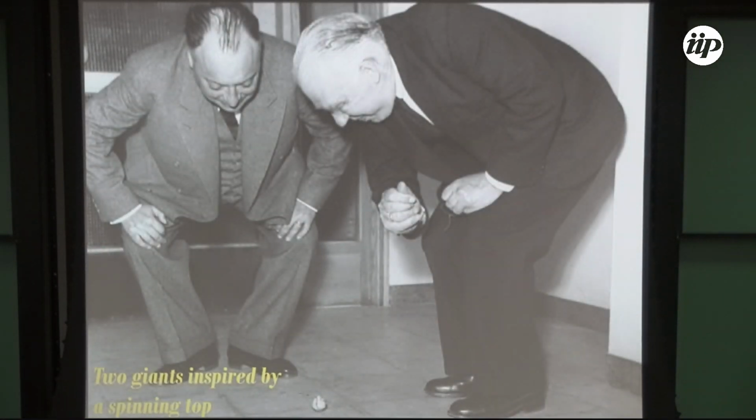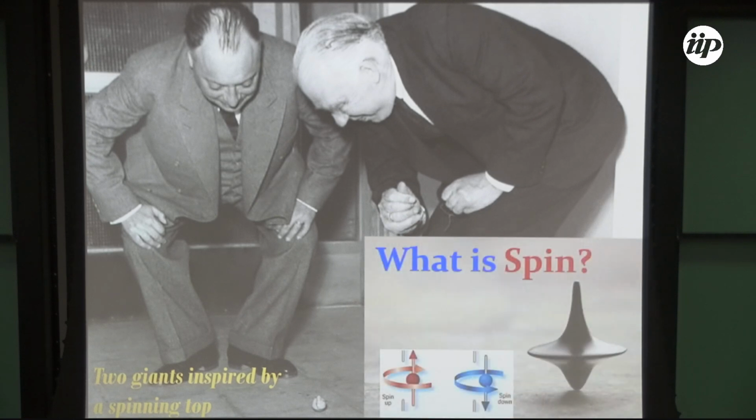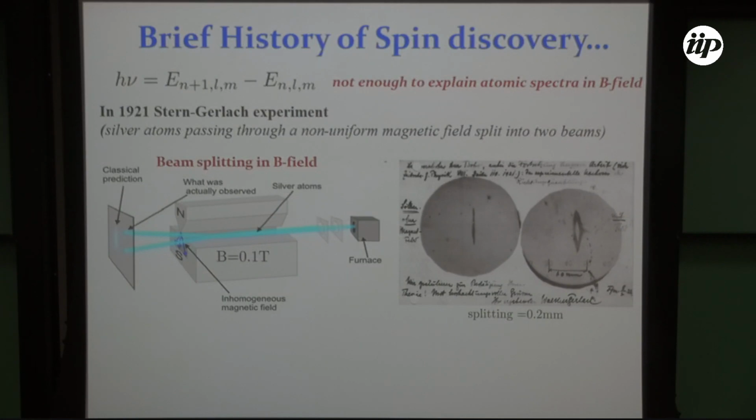First of all, I had to dedicate some time to briefly remind some aspects of the discovery of spin, which is so beautifully represented in a spinning top that you can move clockwise and counterclockwise. So, as probably most of you know, the Bohr atomic model was fantastically working for many species, but under magnetic field there was a kind of problem to explain some spectra.